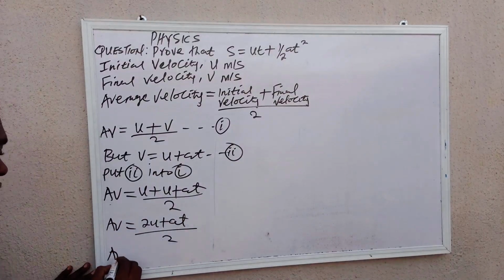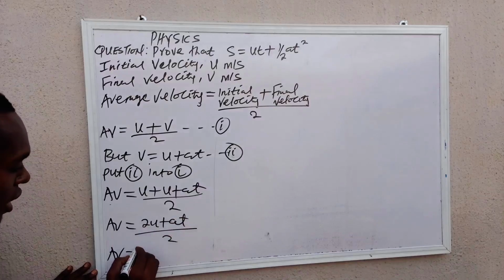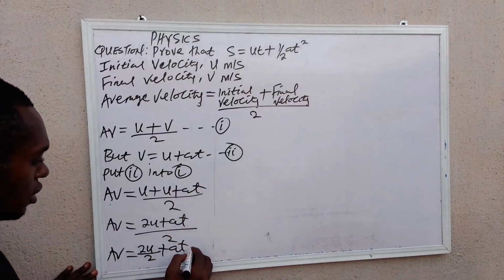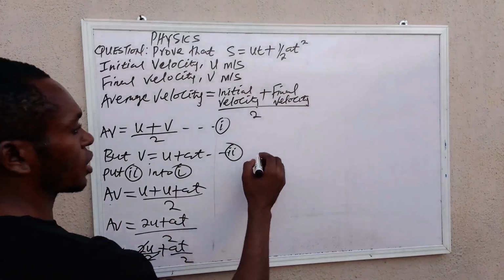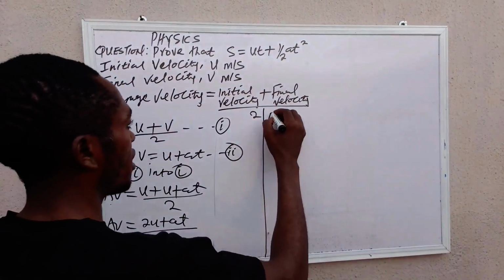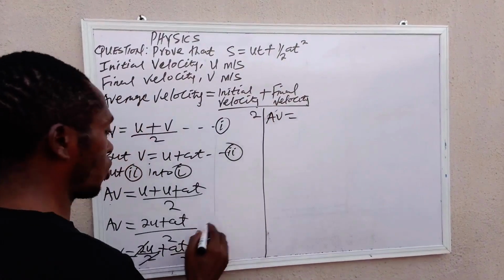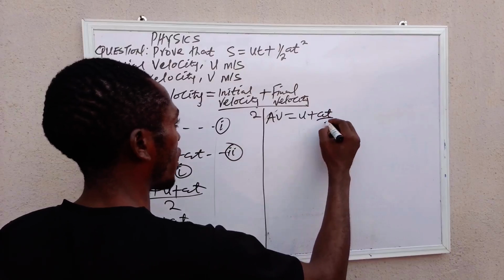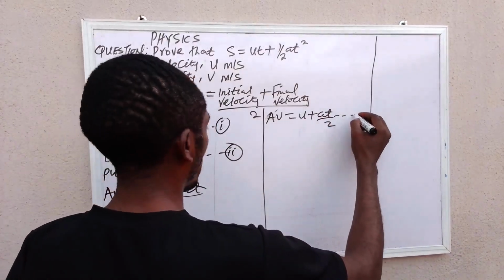And this 2 is also for this, so we can split them: 2U over 2 plus AT over 2. This is what we have. So this cancels this. What I have left is AV equals U plus AT over 2. This is what I have, so I can call this equation III.